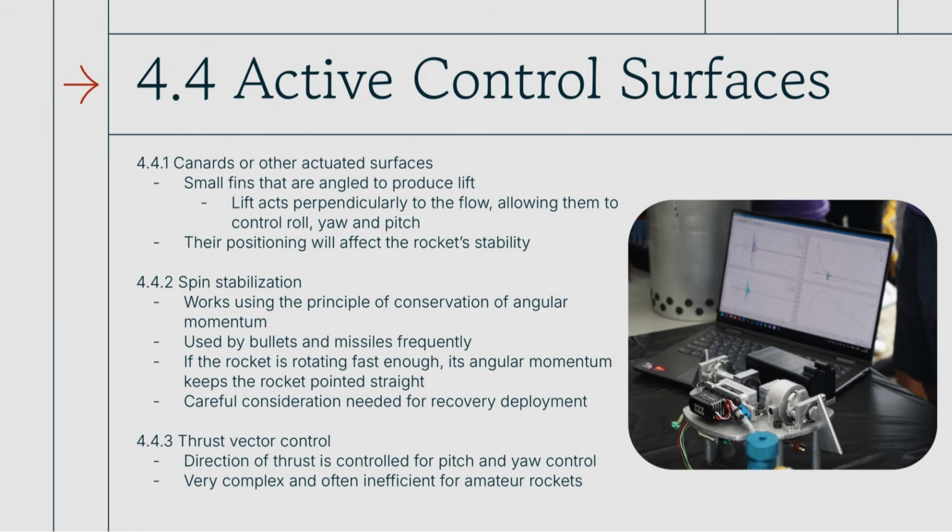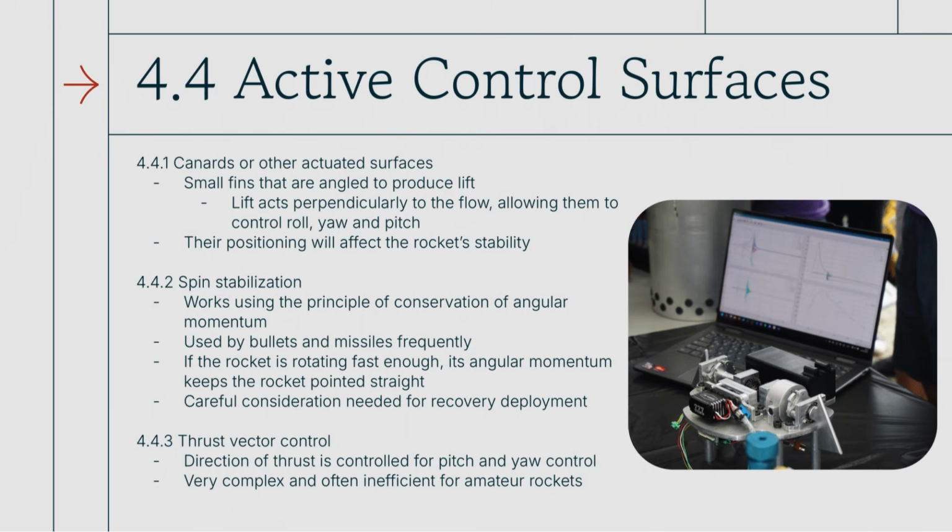They work by controlling their angle, which creates some lift, and that lift causes the rocket to either roll, yaw, or pitch in some direction. Then you have to account for their positioning on the rocket, which will affect the stability of the rocket overall. So yeah, a nice picture of what we did.